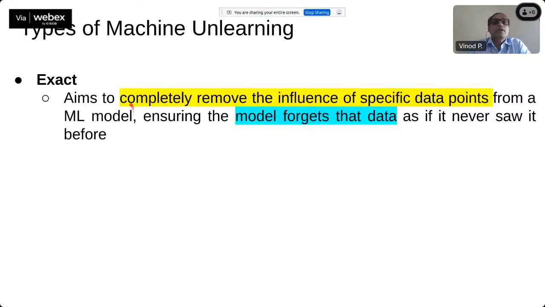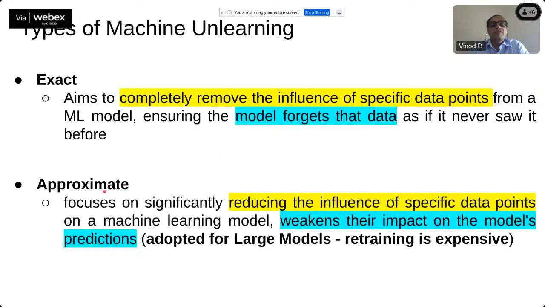So in effect, through exact unlearning, we would like to remove completely the influence of the sensitive data from the model. We can say that the model completely forgets the information about the data point.